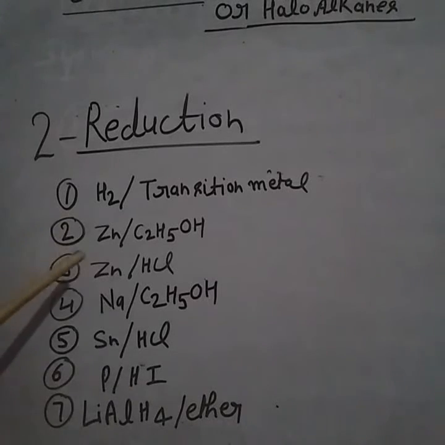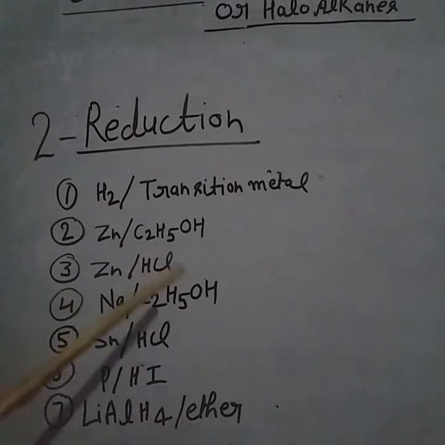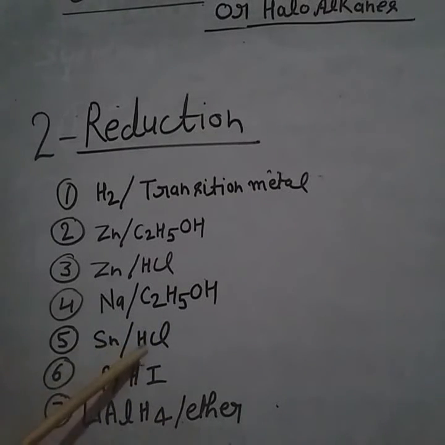Next, zinc dust in ethyl alcohol, Zn and HCl, sodium in the presence of ethyl alcohol, tin in the presence of HCl, phosphorus in the presence of hydrogen iodide, and lithium aluminium hydride in the presence of ether. These are all reducing agents which help complete the reduction and formation of the alkane.